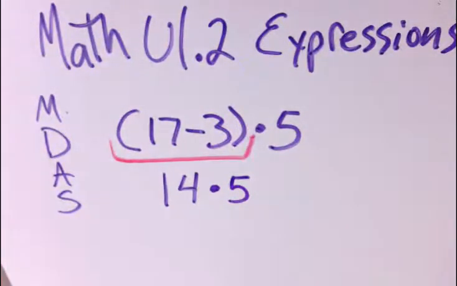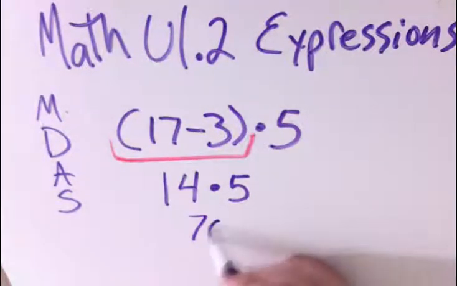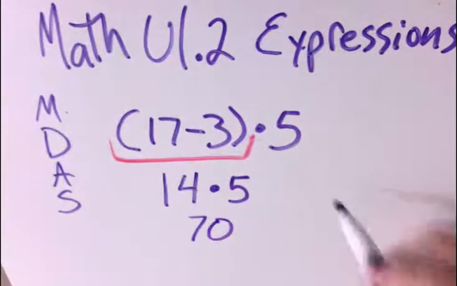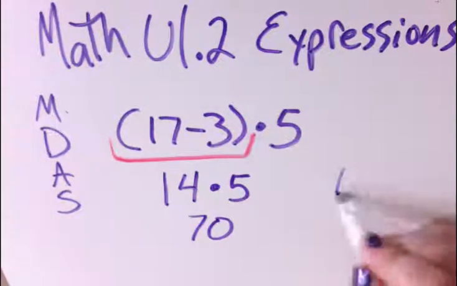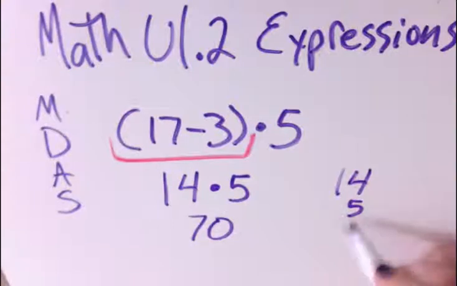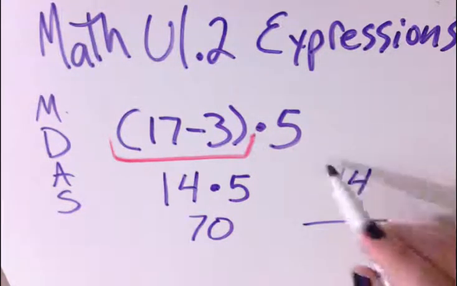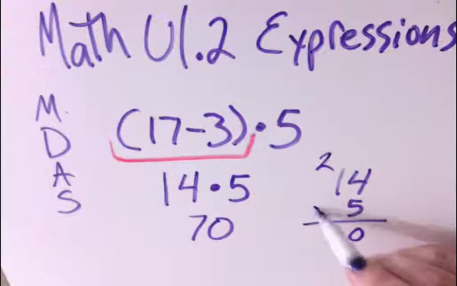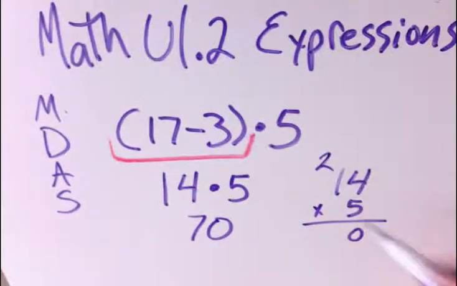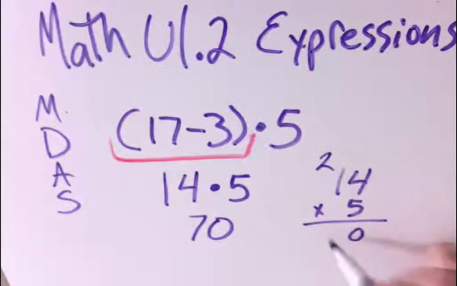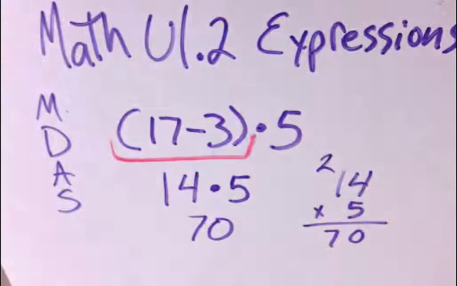So that's going to give us 14 times 5. So when you multiply that out, you get 70. To work that out longhand if you wanted to, 5 times 4 gives us 20. 5 times 1 gives us 5, plus the 2 gives us that 7. So 70 is our answer there.